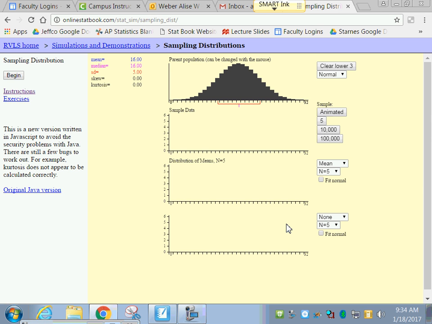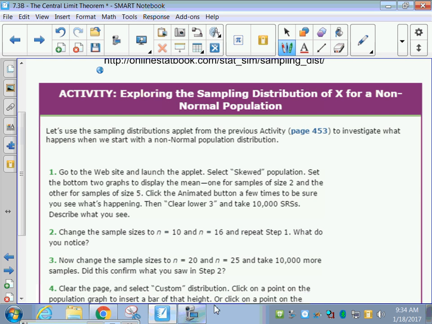Zach, will you read number 1? Is this the same one as yesterday? Yeah, go to the next one, you guys. Oh, snap. That's weird. Yeah, that's the previous one, sorry. It's on page 456.